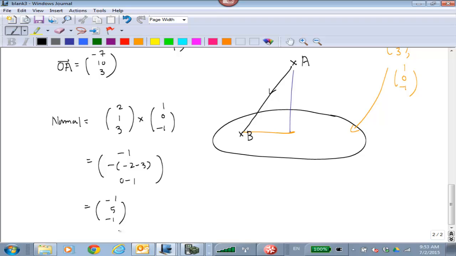Why you cross hat? Okay, don't anyhow hat. You hat only when you want to find length. You are not finding length, don't go and anyhow hat, because the hat got those weird square root values. You don't want to do that. Okay, understand? Yeah. But can I actually do 1, 0, minus 1 cross 2, 1, 3? Can, go ahead. I don't really care about the direction of the normal. I just need the normal.